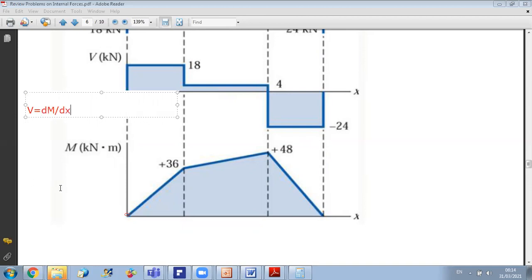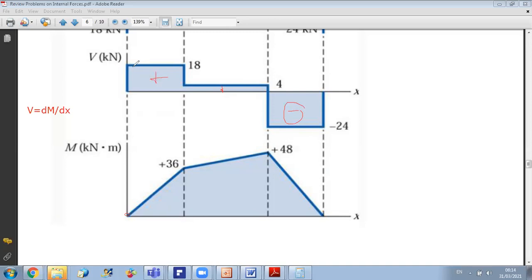This means that V represents the slope of M. So if V is constant, then M is linear. If V is positive, then M is increasing. So here, as you can see, first V is positive, so I will have increasing moment, and after 4 I will have a decreasing moment because V is negative.